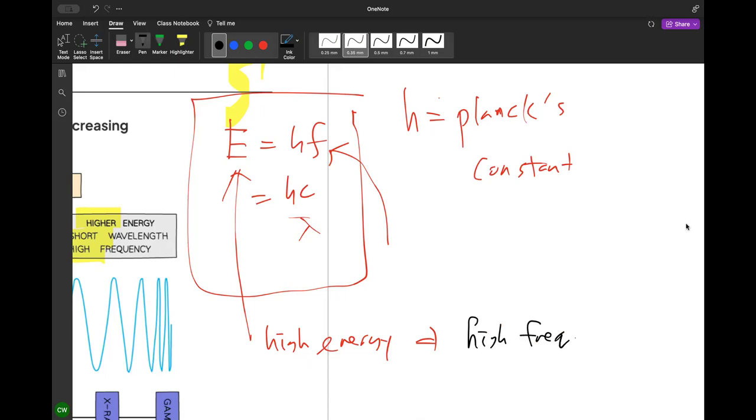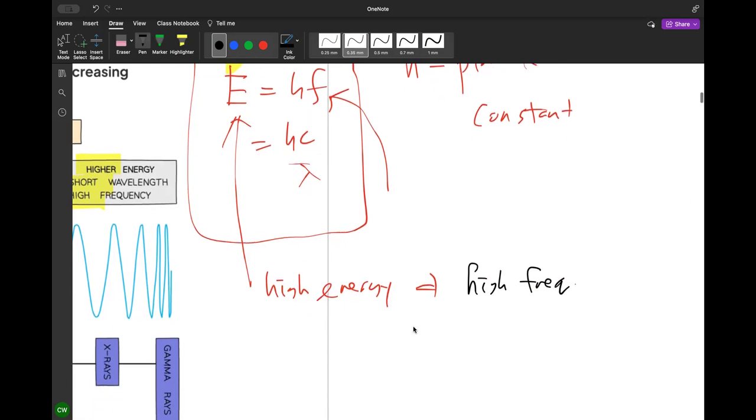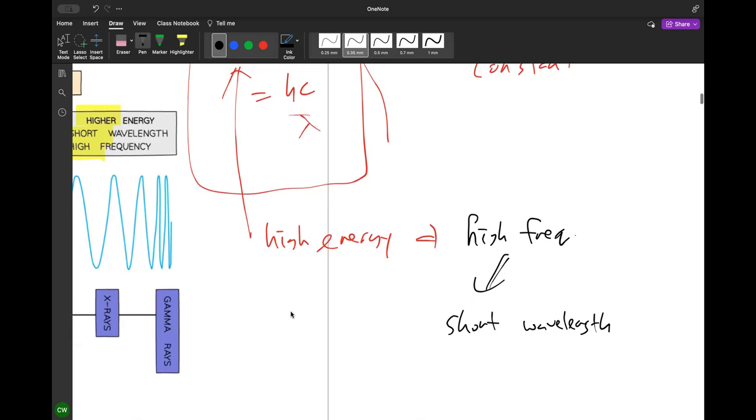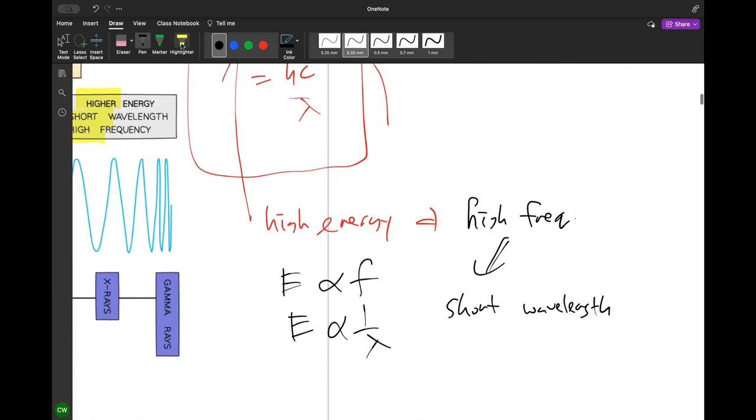So high frequency also means short wavelength. Energy depends on f. Energy is inversely proportional to lambda. High frequency, high energy. Short wavelength, high energy. Okay or not? Okay, remember?